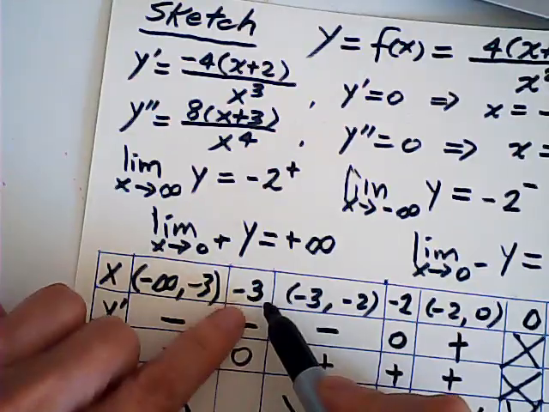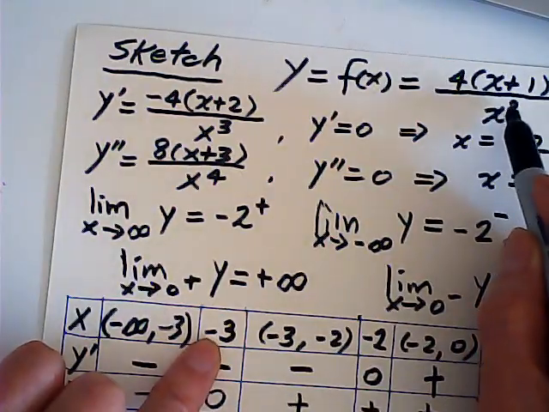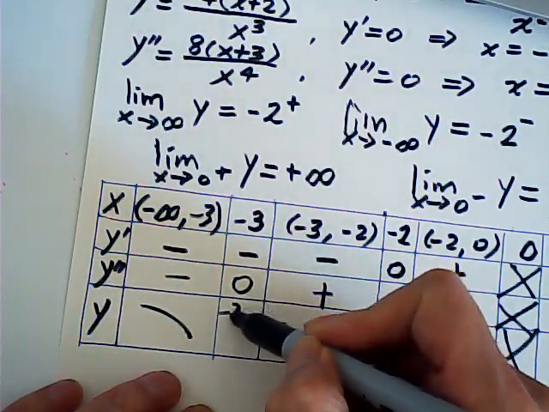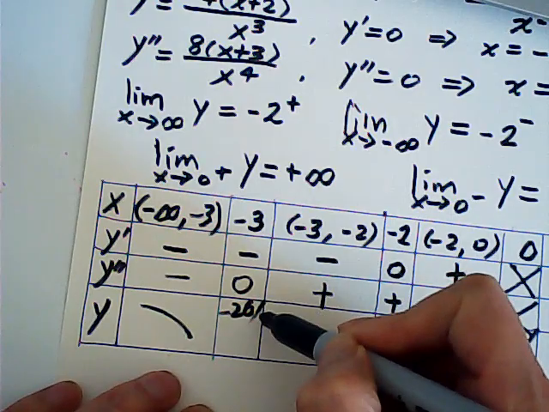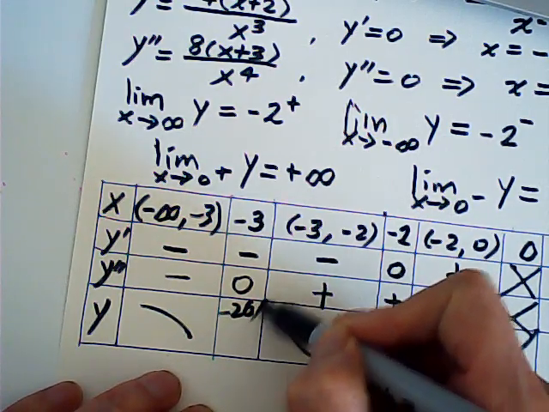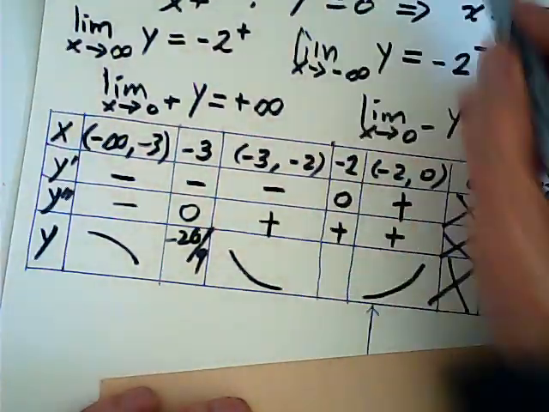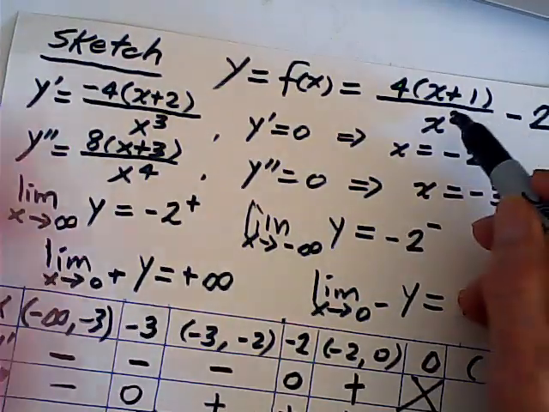Then you put -3 into the function and you get the y value. y is negative 26 over 9. Simply put a value into the function.